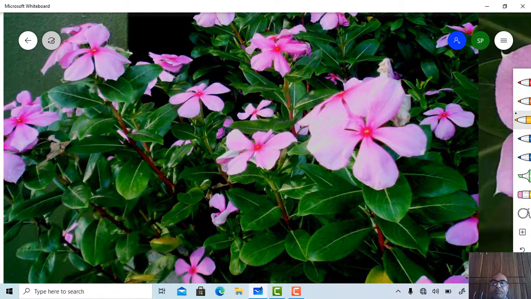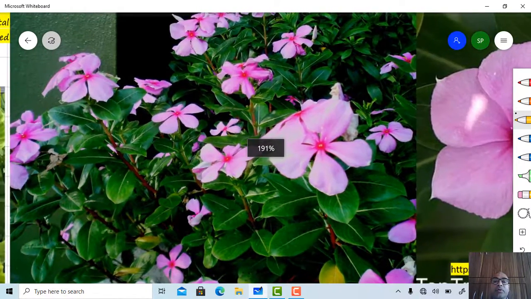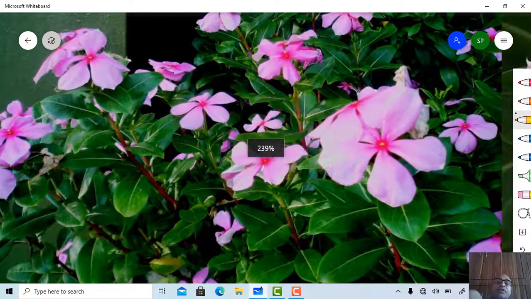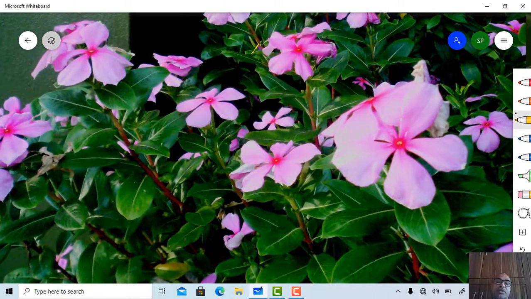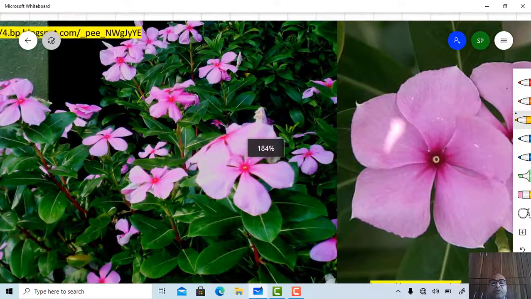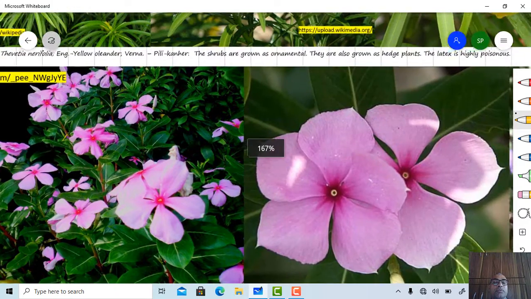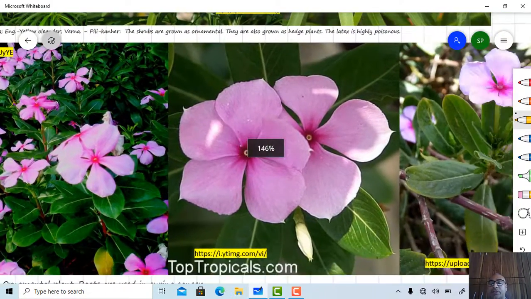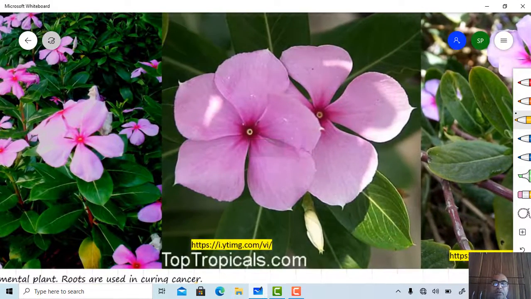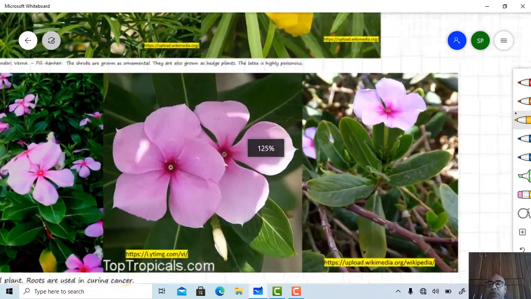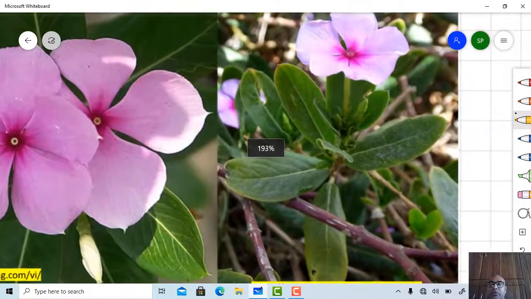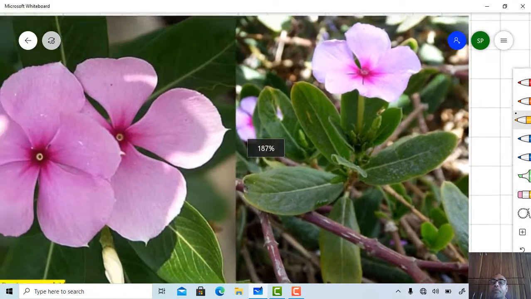Observe the phyllotaxy, nature of leaves, then type of pods. If you see here, some pods are present. Then flower, mode of inflorescence. Just see here, this one is a flower. This one is an individual plant.